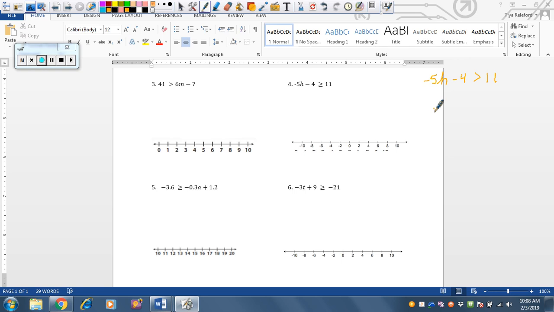Okay, this is how I know my sign's going to flip. Negative 5h means that sign has to end up the other way. And I'm even going to write it up here so I don't forget. Over here, positive 6, I'm not going to change my sign. So you can decide whether you're going to end up changing your sign before you even begin.